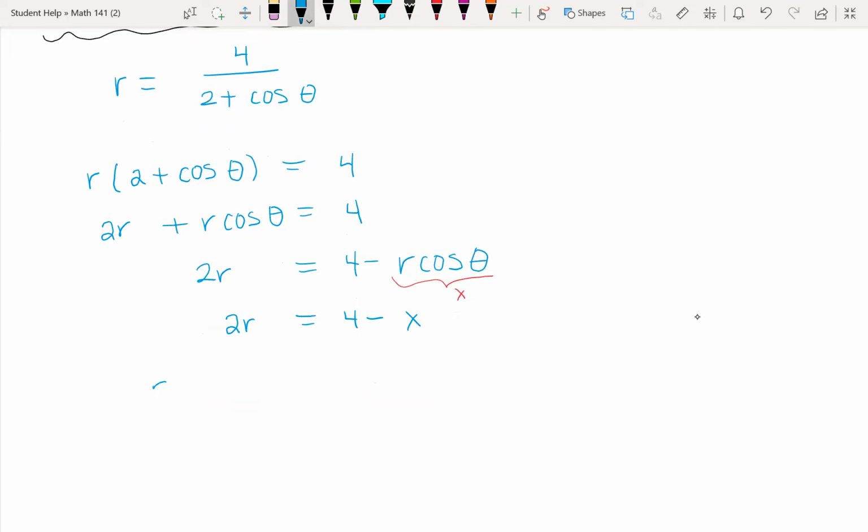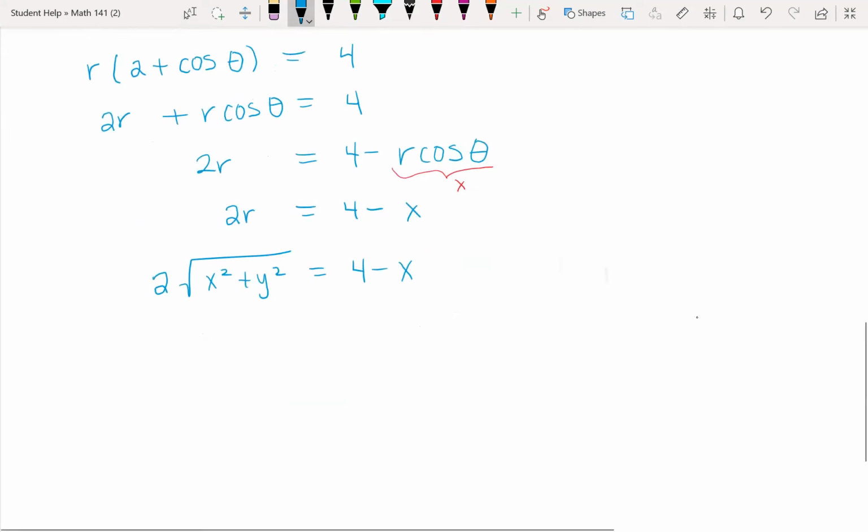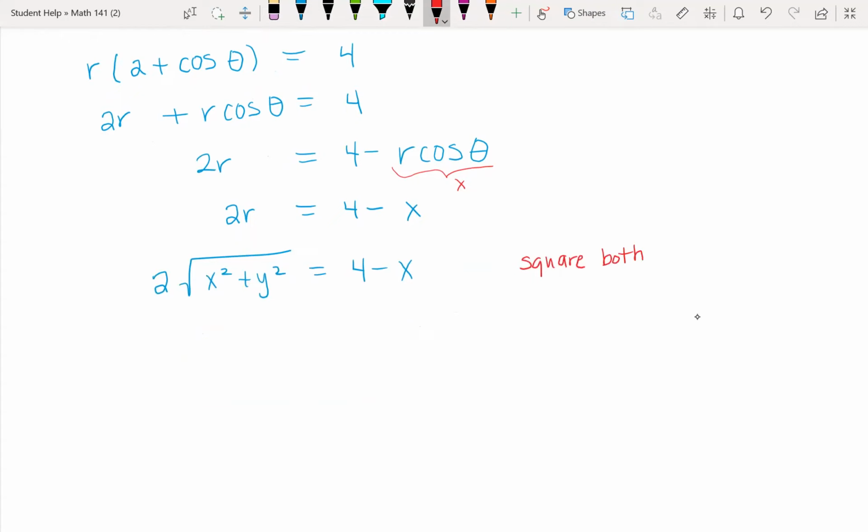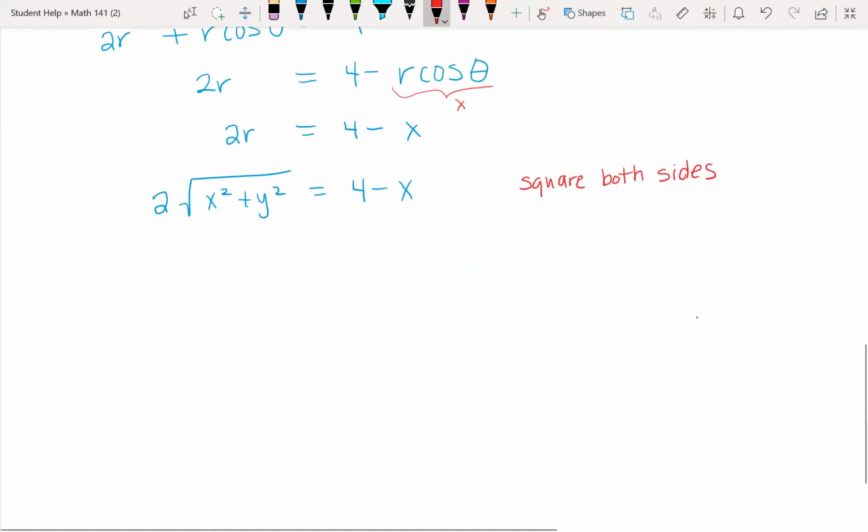r, we know, is the square root of x squared plus y squared. And then I'm going to square both sides to get rid of that square root symbol. When I do that, I have to square the 2 and the square root symbol.